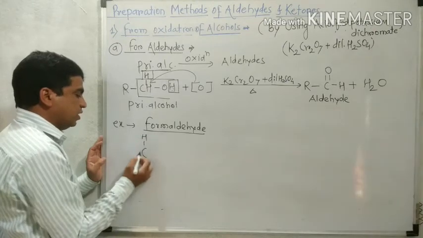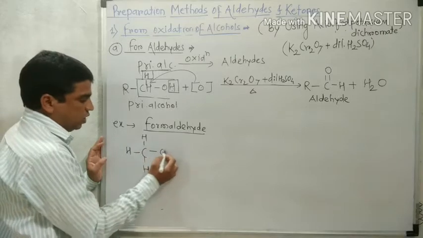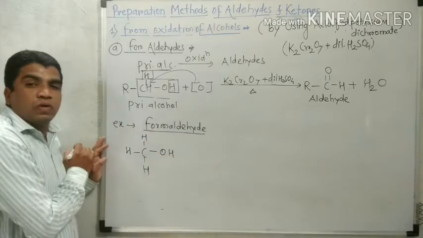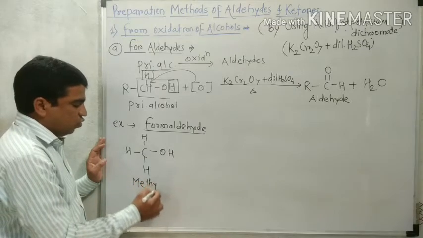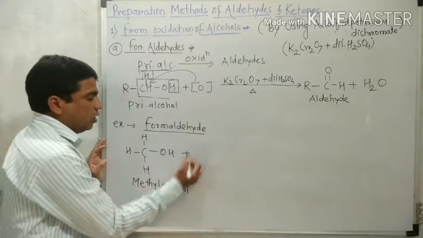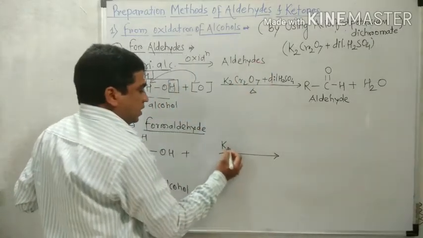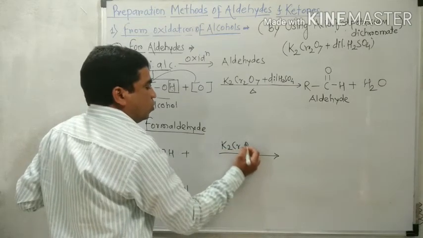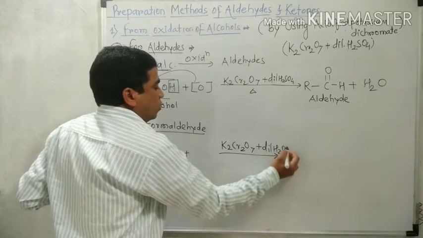What is methyl alcohol? CH3OH is methyl alcohol. It is a primary alcohol because it contains a CH2OH group in the structure. When this methyl alcohol is reacted, as in the general reaction, with the mixture of K2Cr2O7 plus dilute H2SO4.